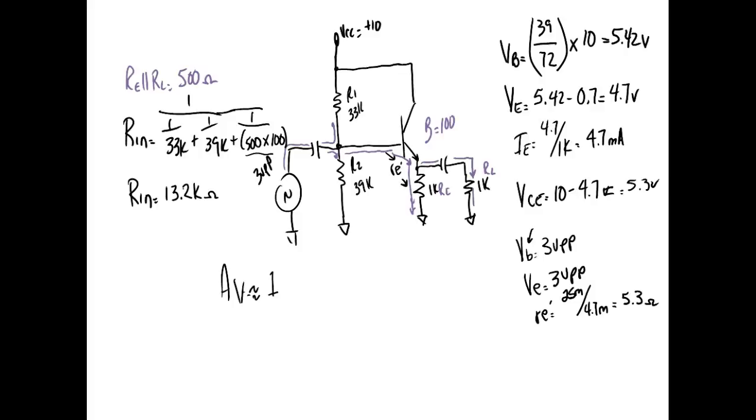So guys, I think we got everything. What do we need? Oh, power gain. Let's do power gain. So we know the power is equal to V times I. Of course, in power gain, AP would be equal to AV times AI.